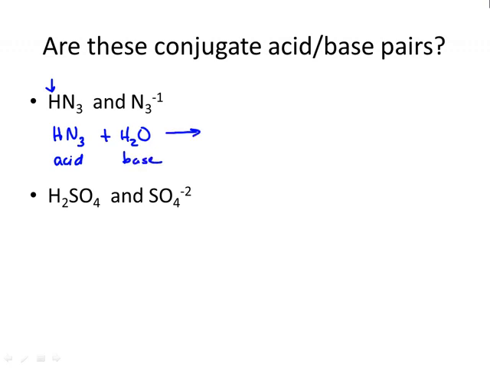And that means that HN3 will lose its hydrogen and become N3 minus, and water will pick up that hydrogen and become H3O plus. And what we notice here is that the acid always becomes the conjugate base. So indeed, HN3 and N3 minus are an acid-base conjugate pair.